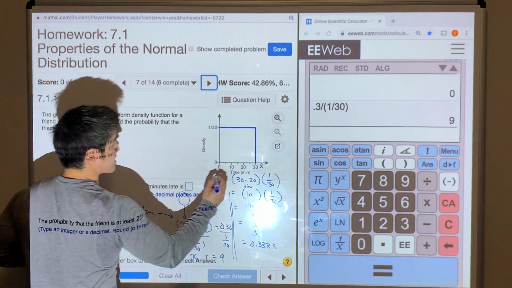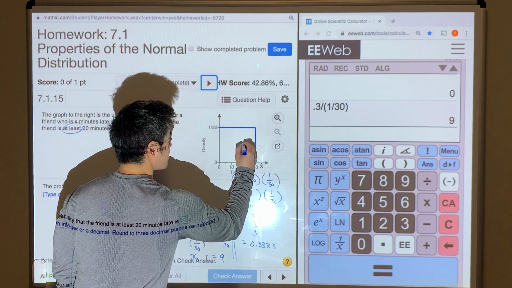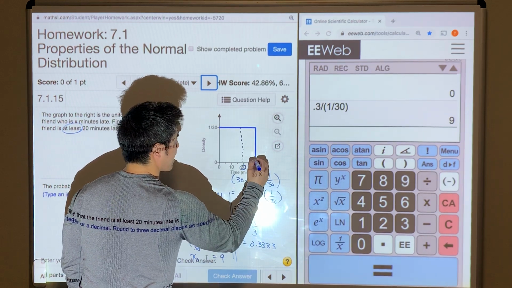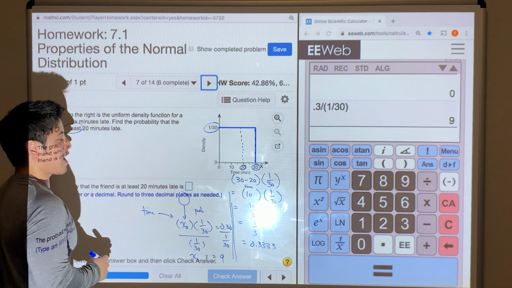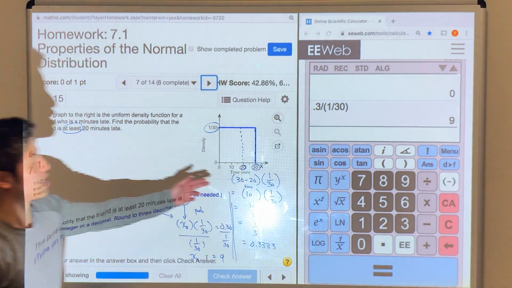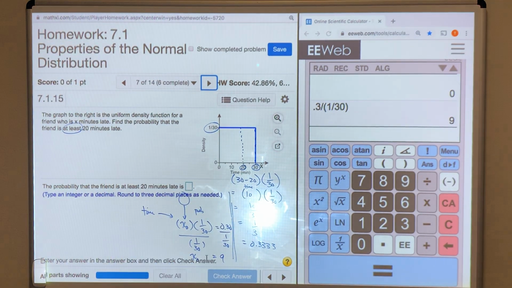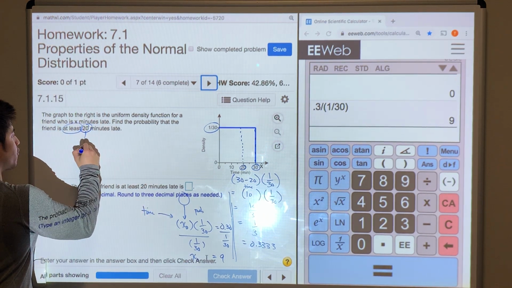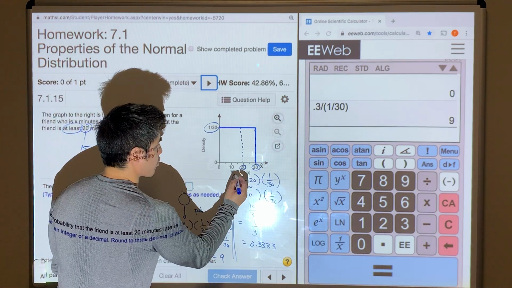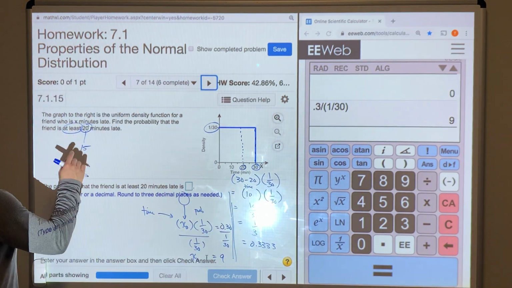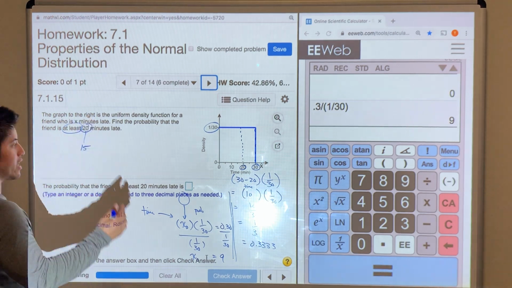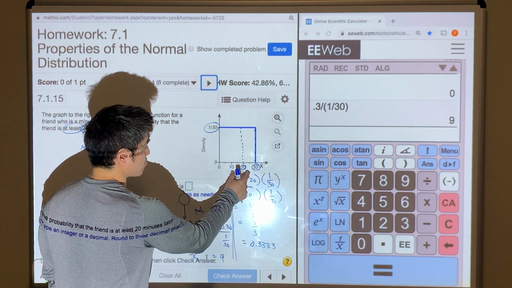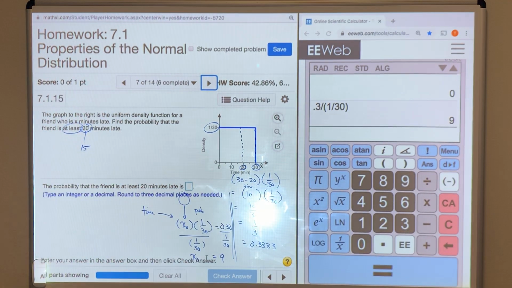At least means that I'm starting at 20 and I'm ending again at 30, and I have the same exact 1/30th, so I'm literally going to do the same exact problem. Let's say that it was at least 15 minutes late. Then I would do 30 minus 15. If it said between 10 and 20 minutes late, it'd be 10 and 20. Whatever yours happens to be.